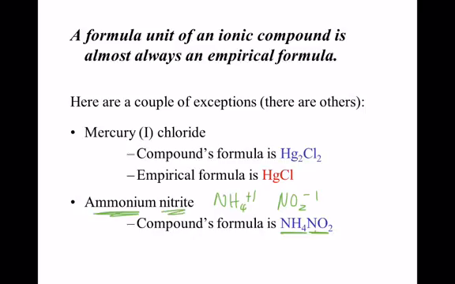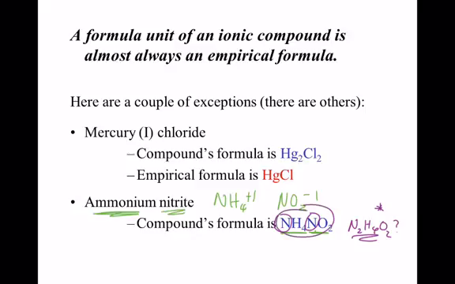Now, the fact that you actually have a nitrogen here and a nitrogen here, that's really N2H4O2. Now, this looks weird. I mean, you actually can find that on the internet for ammonium nitrite and everything. This actually brings significantly less information than this, but it's true.